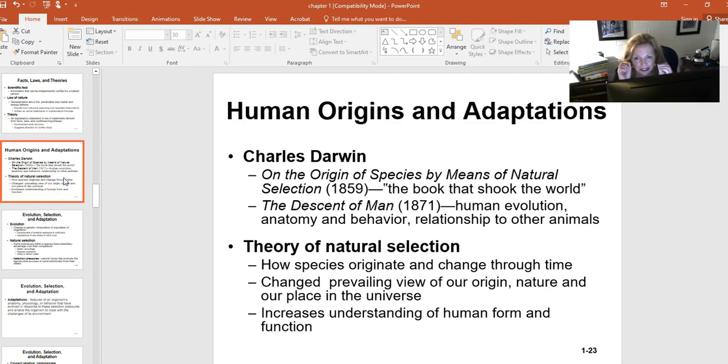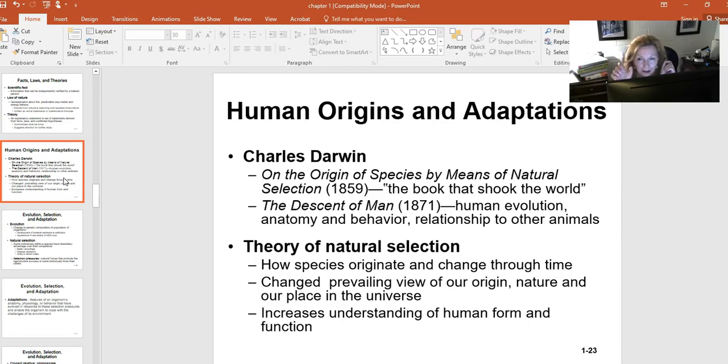It simply states and explains how and why the percentage, so we're talking about a number here, the percentage of traits, another word for trait is characteristics or properties, the percentage of traits or characteristics within a population will change over time.